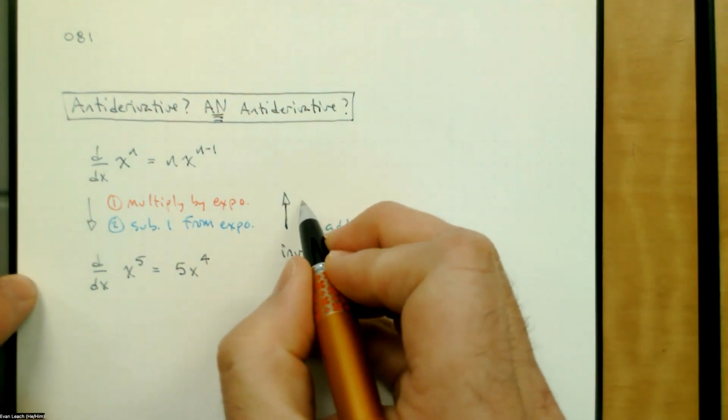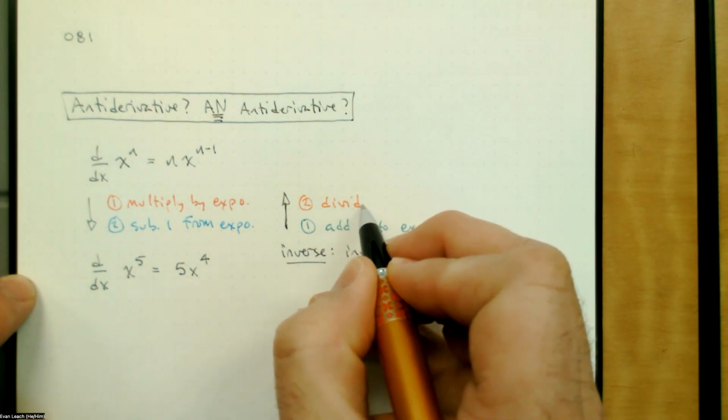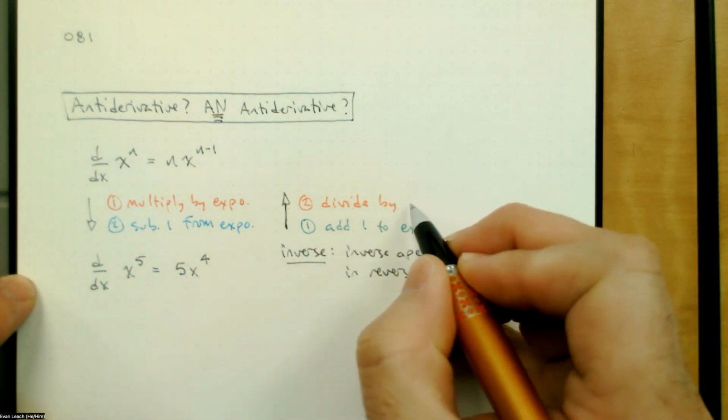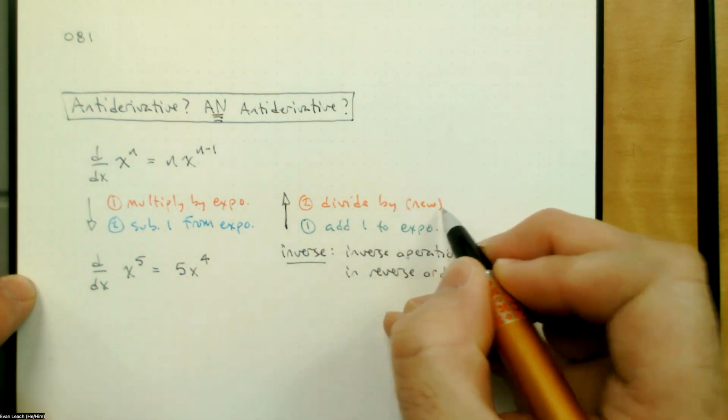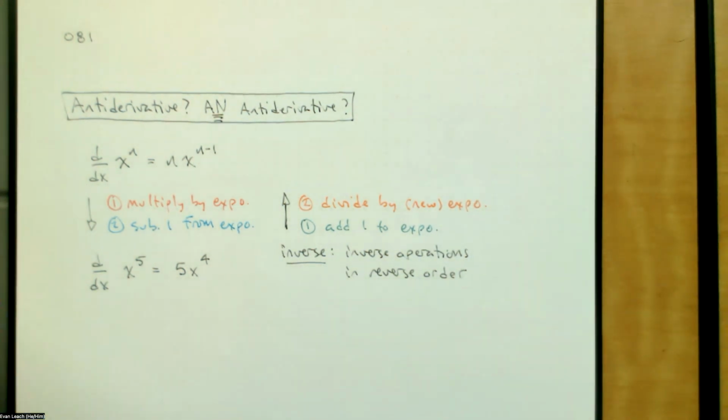And I'm going to specifically state divide by the new exponent. So if we want to find the antiderivative of a function, we'll add 1 to the exponent, then divide by the new exponent.